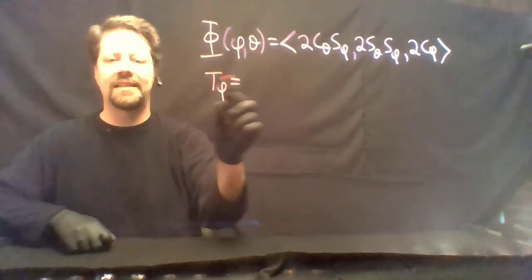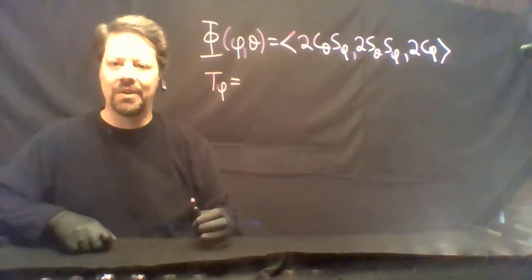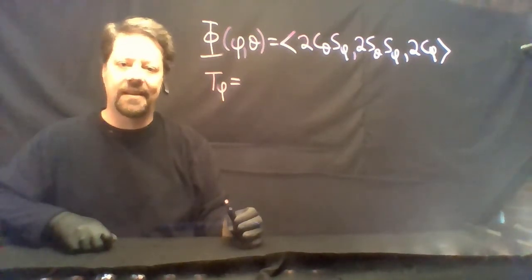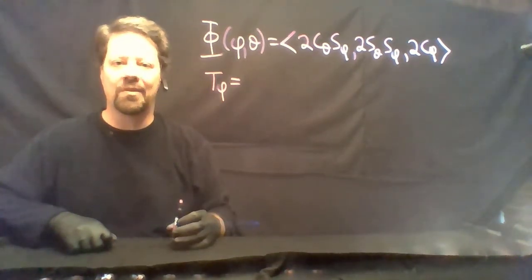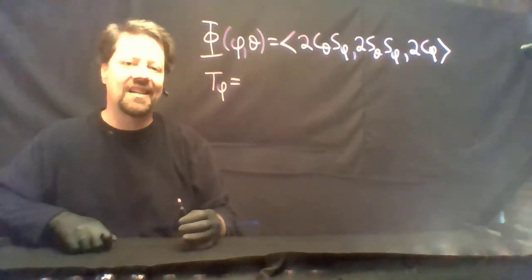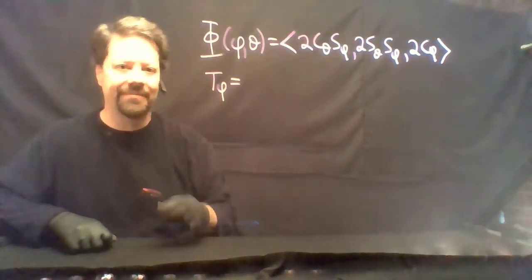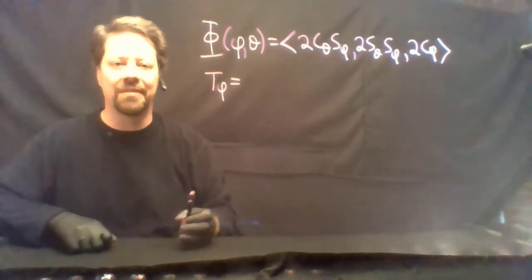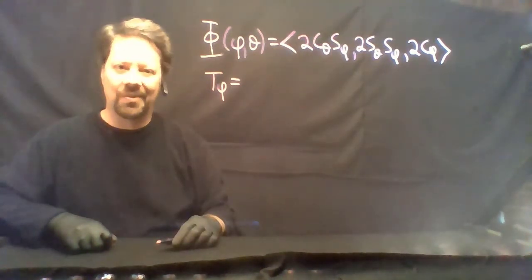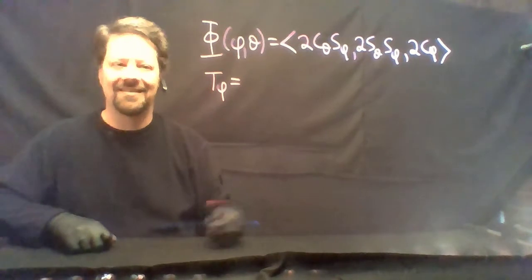Always calculate t phi first. When you calculate t phi cross t theta, you end up with the exterior normal. If you were to calculate t theta cross t phi, you would end up with the interior normal, which is in the wrong direction for flux.